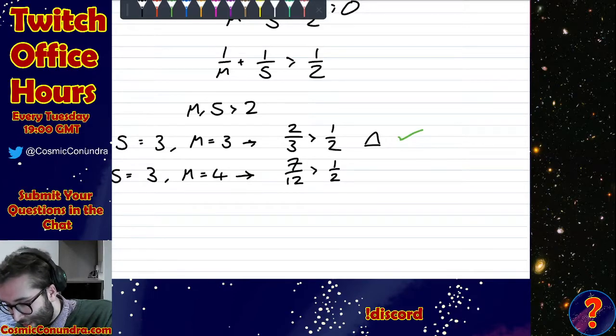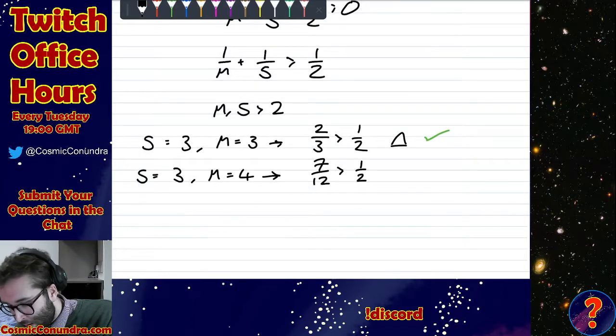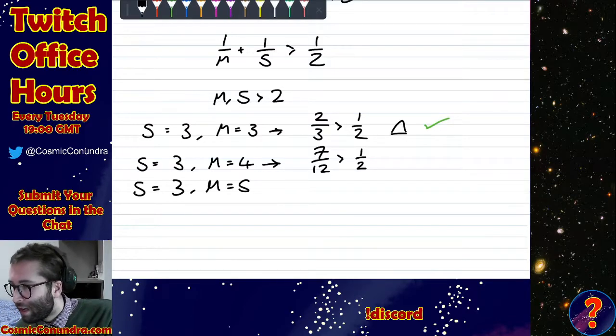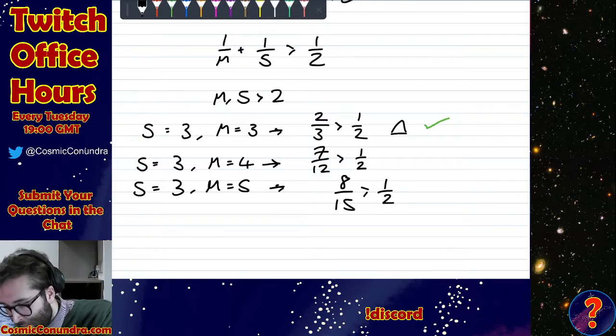And that's okay, that's allowed. But then if you try s is 3 and m is 5, so this is 5 triangular faces meeting at a vertex, then that gives you 8 over 15, which is also greater than a half. That is allowed.